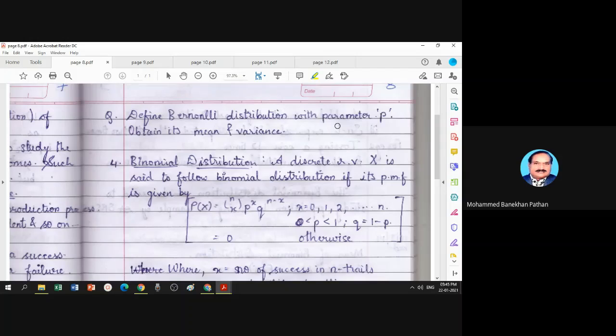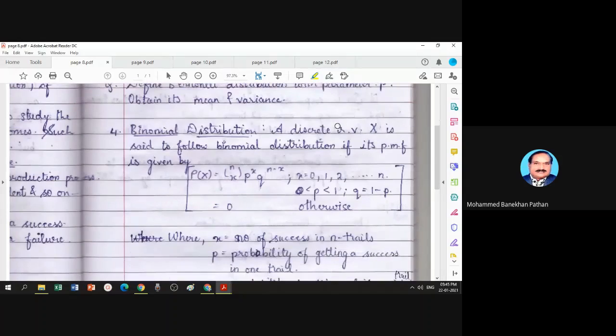Now we will proceed to binomial distribution. Then I will tell you what is the relation between Bernoulli distribution and binomial distribution. Firstly, we will try to see how to define a binomial distribution.